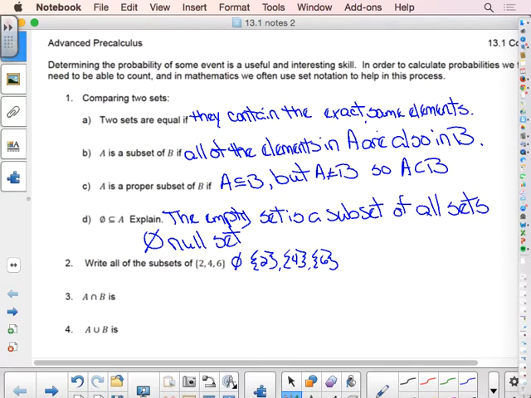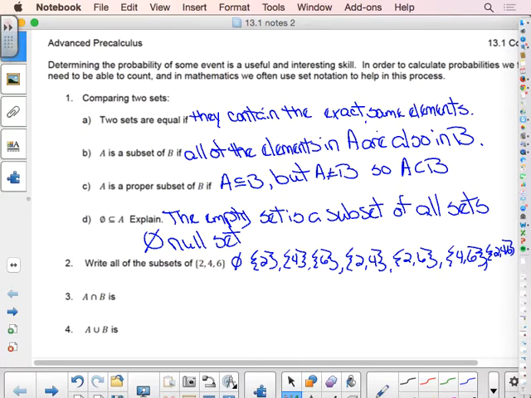So the individuals, then the combinations 2 and 4, 2 and 6, and 4 and 6. And finally, the set is a subset of itself. So the subset 2, 4, 6.